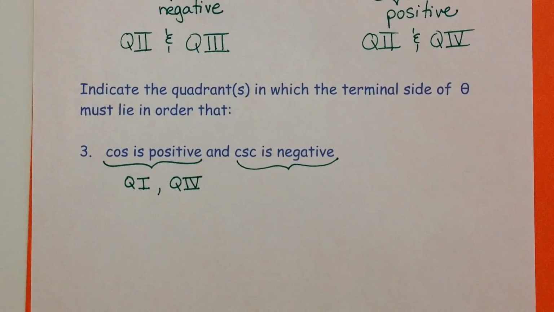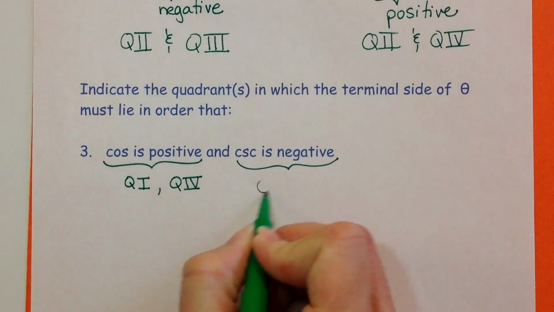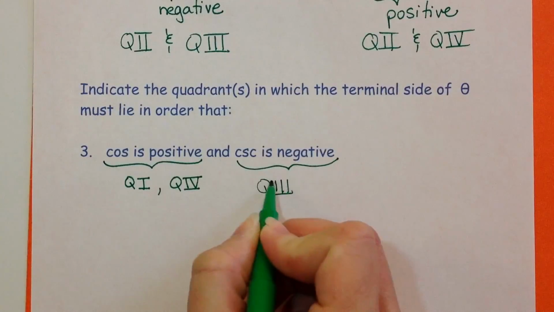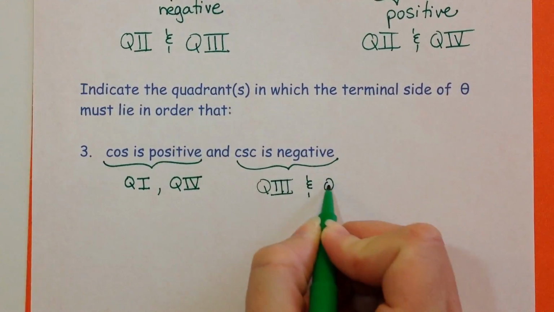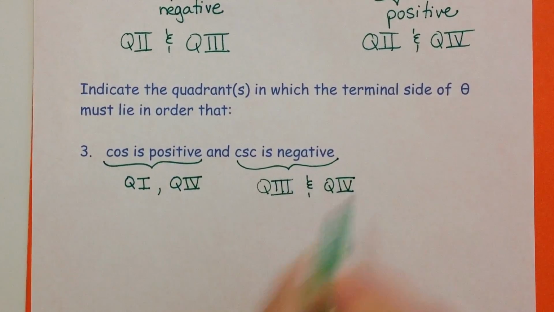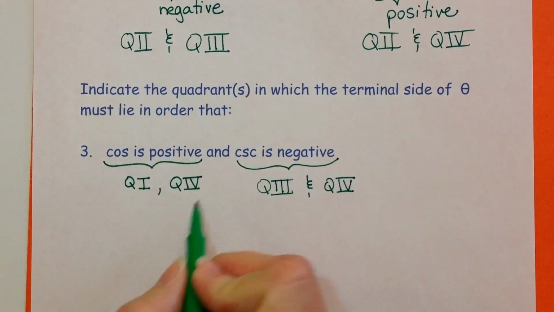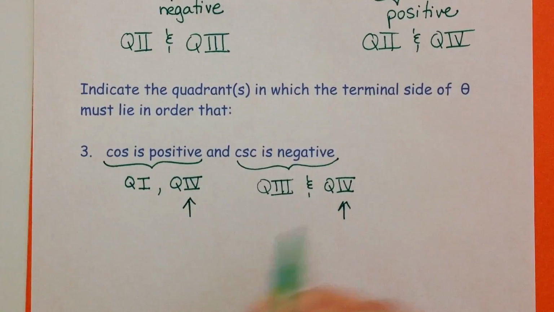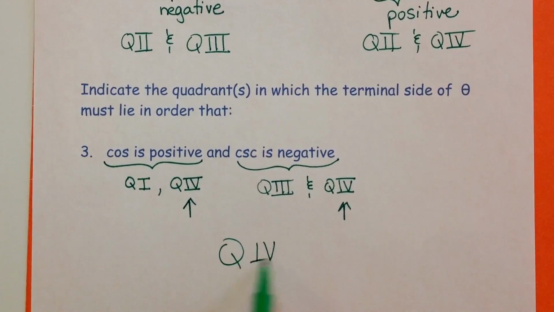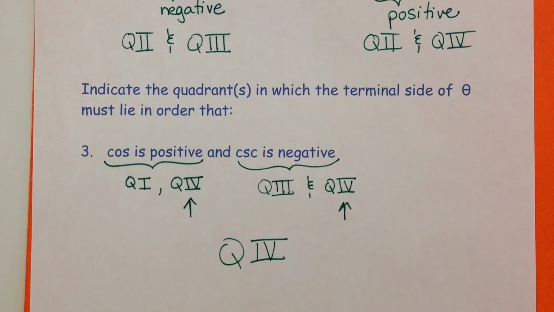I know it's not second because I actually have listed that cosecant is positive in the second, so that leaves 3 and 4. I need the quadrant that satisfies both conditions, and the fact that quadrant 4 is listed there for each, that would be your final answer on that one.